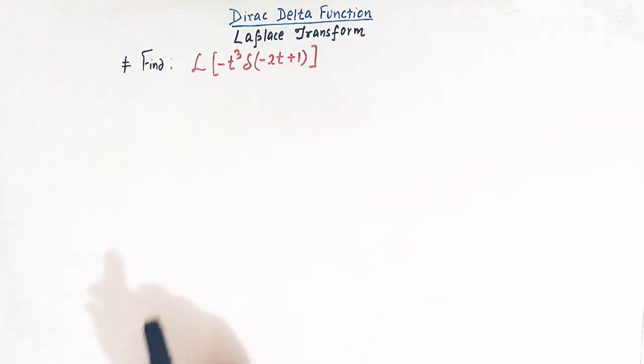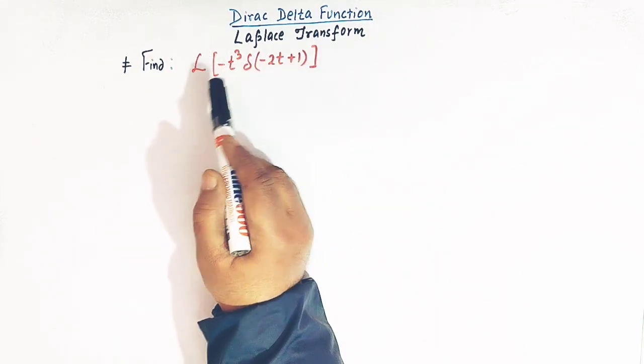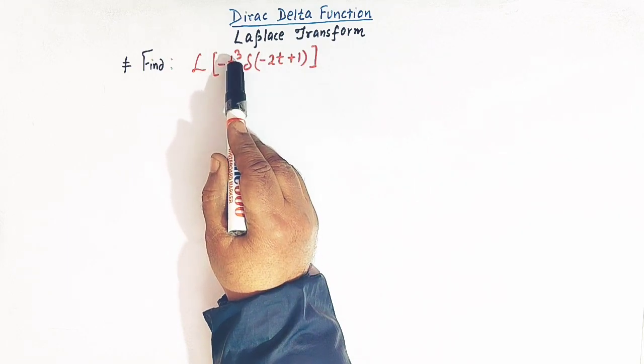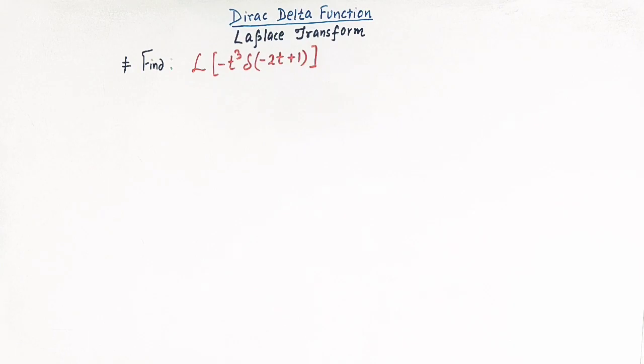So here we have to find the Laplace transform of the function minus t cube delta of minus 2t plus 1. We have already solved a lot of problems related to Dirac delta function in our earlier videos, and in this session we'll solve this problem. So let us start.